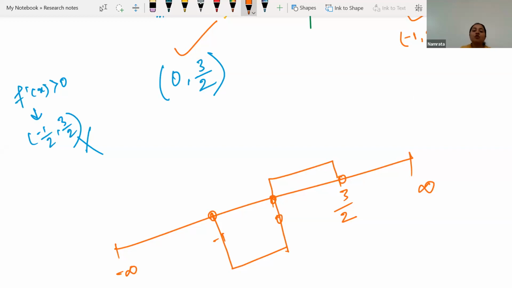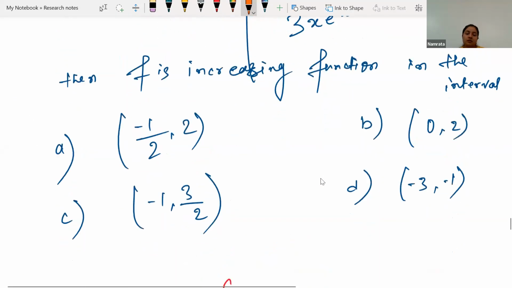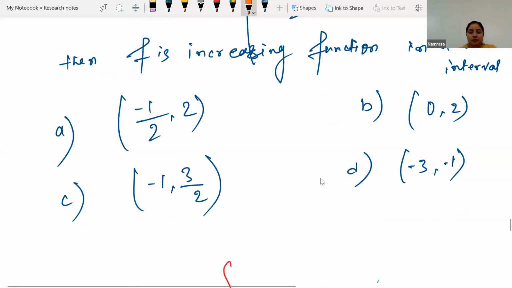So overall, can you see -1 to 3/2? Overall, can we write -1 to 3/2? This is the union of both the intervals where the function is increasing. Yes or no? Let's check. Option C. Are you getting it?